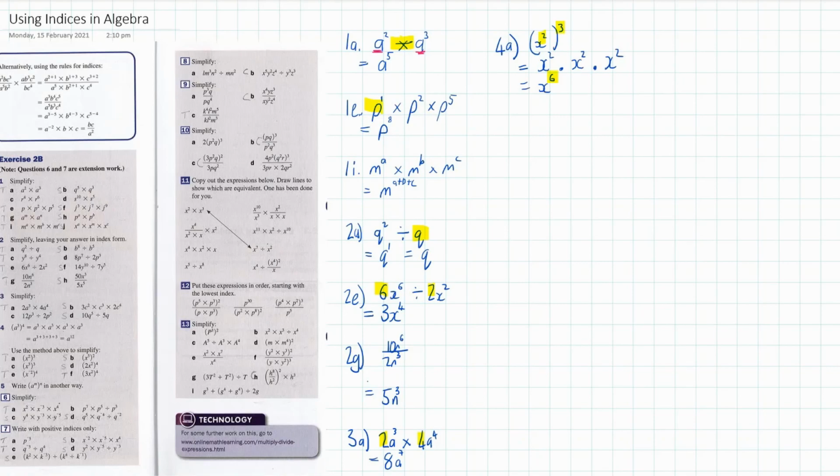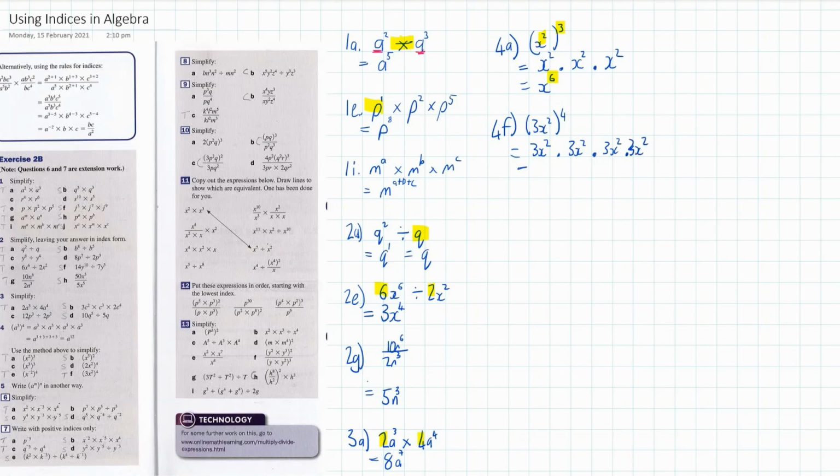So let's try one more. Let's try 4f. So with 4f, we're going to have a bracket 3x squared all to the power of 4. My next line is, well, that means 3x squared times 3x squared times 3x squared, times 3x squared.